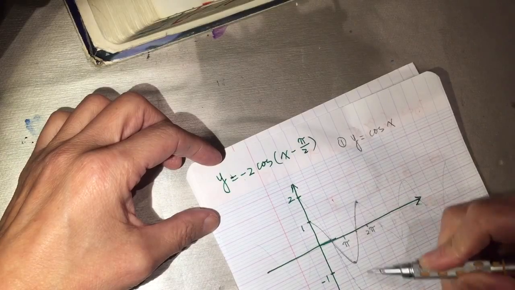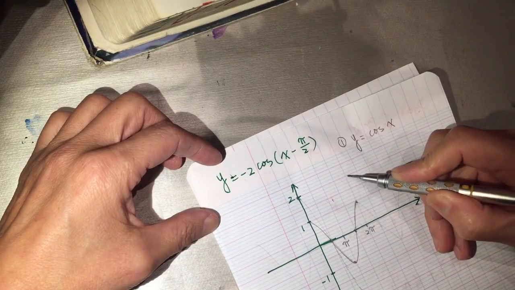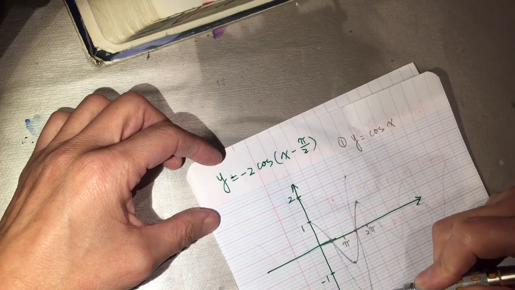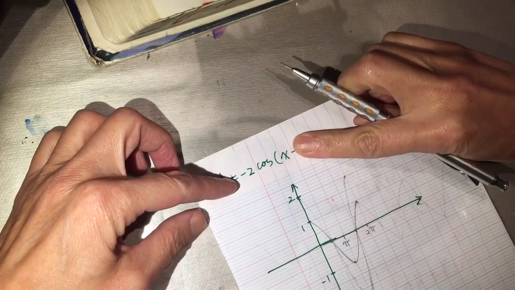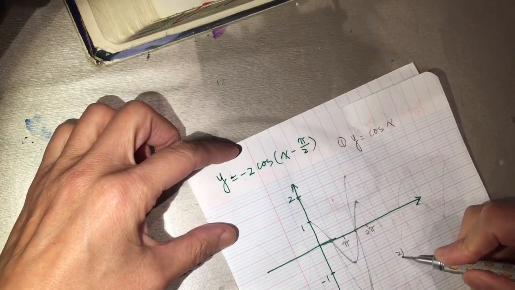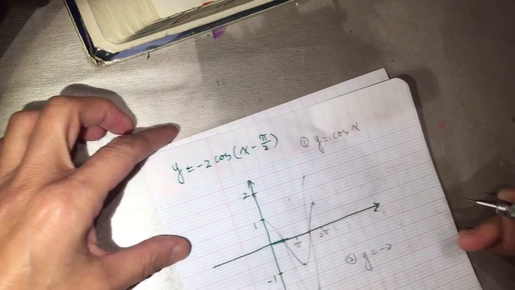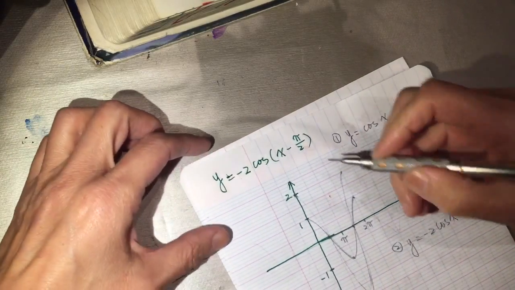So always put some important points that you are going to go through. So this is the new graph of number 2, y equals -2 cosine x.